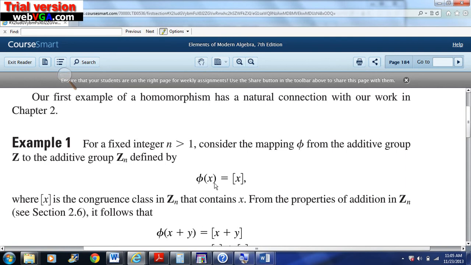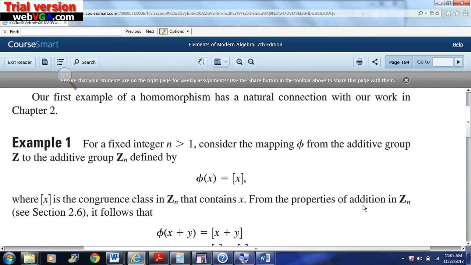For example, 0 would be mapped into the class 0. 1 would be mapped into class 1, and so forth and so on. Where class x is the congruence class in Z sub n that contains x.